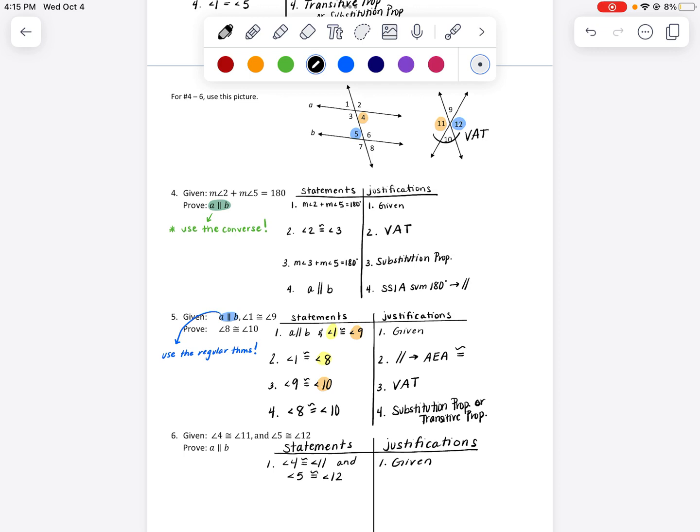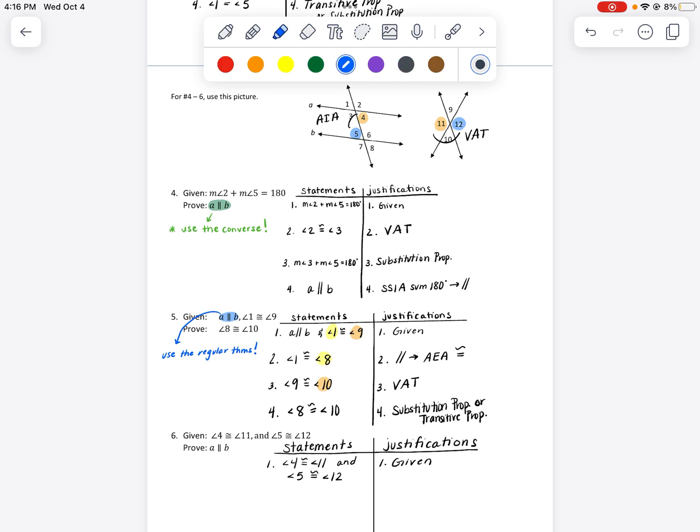Again, I like to just make connections. So this is my vertical angle theorem. These are connected because they're alternate interior angles. And then I can use substitution, or I can use transitive. Then I want to pay attention to what I'm solving, so we do have to be a little bit careful.